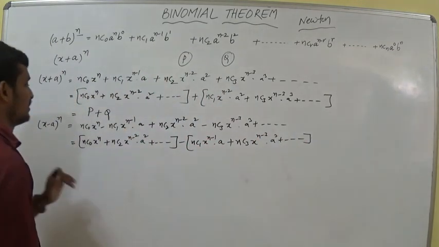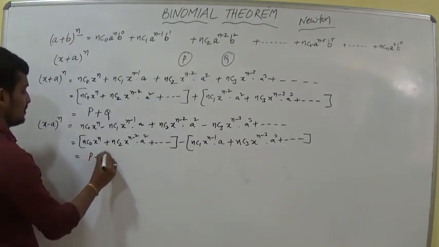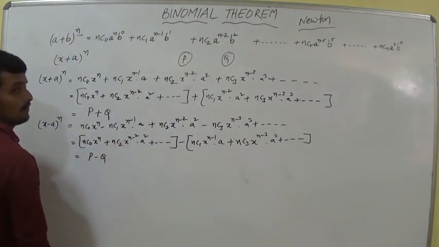This is the sum of odd terms, so that is p, and this is minus q.